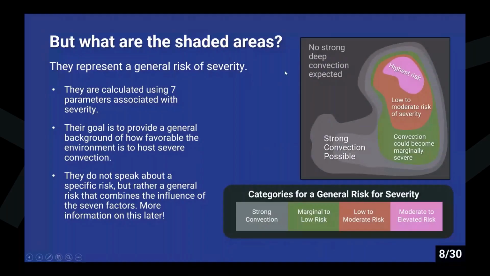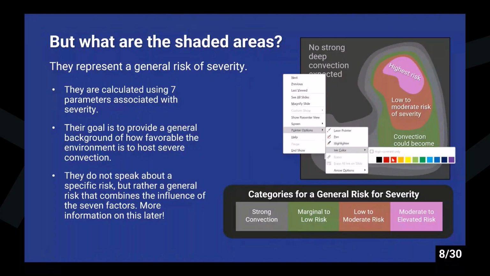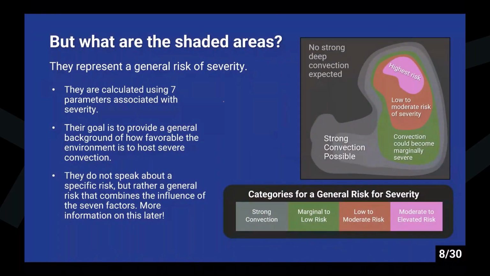So what are these shaded areas? I'm going to explain later in the presentation, because there's a lot of information, what these shaded areas are and how they are calculated. But basically, they provide a general description of the risk for severity where convection is present. Here, this is the normal background of the screen, very dark gray.